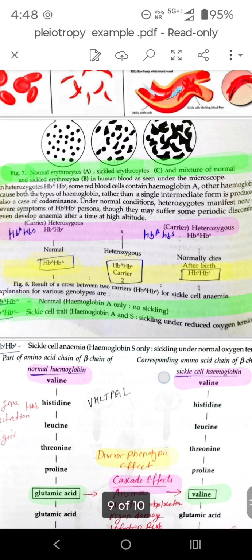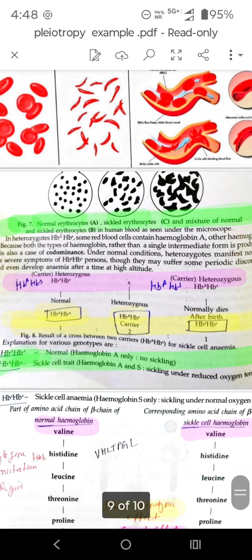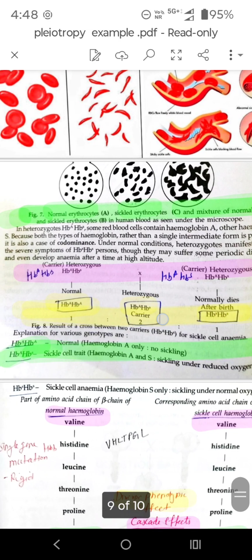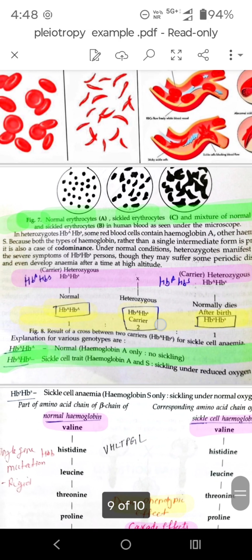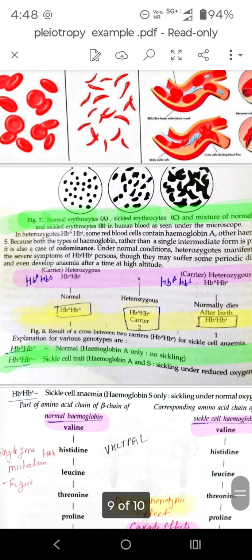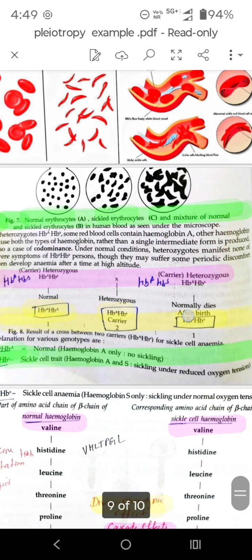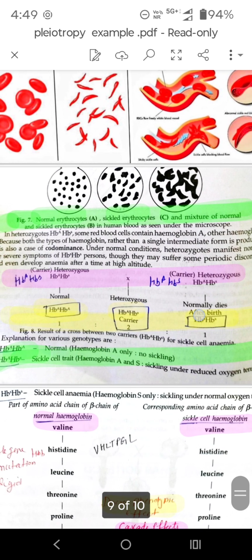Now, in the heredity of this character, the heterozygous individual is denoted by HbA, which is normal, and HbS, which is abnormal. HbA HbS crossed with another heterozygous carrier, HbA HbS.